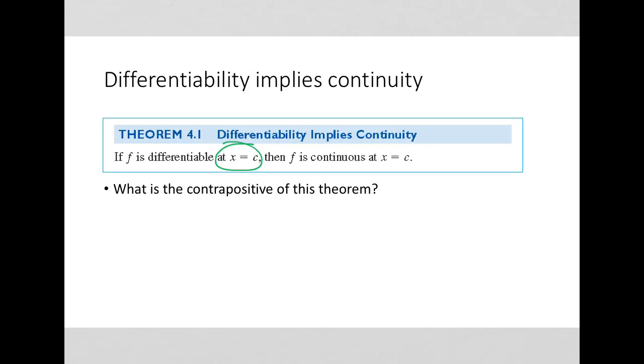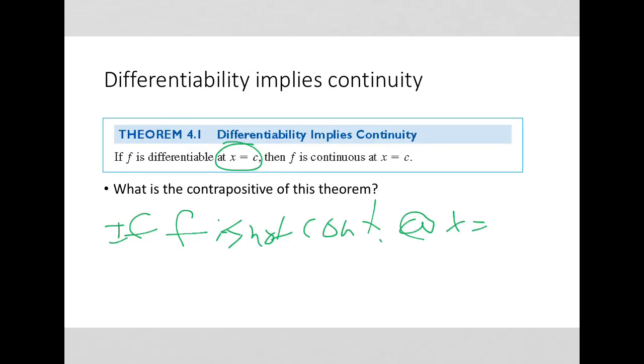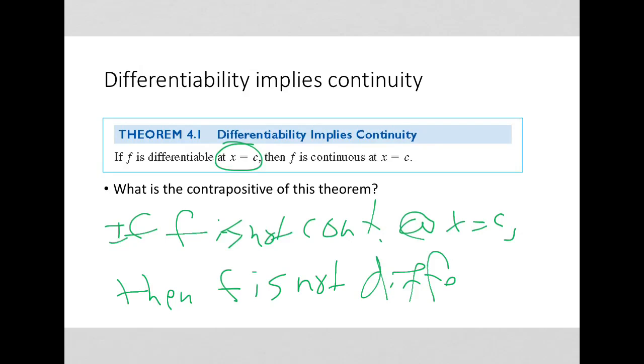So write that as the contrapositive. Take it in the opposite direction. If f is not continuous at x equals c, then f is not differentiable.